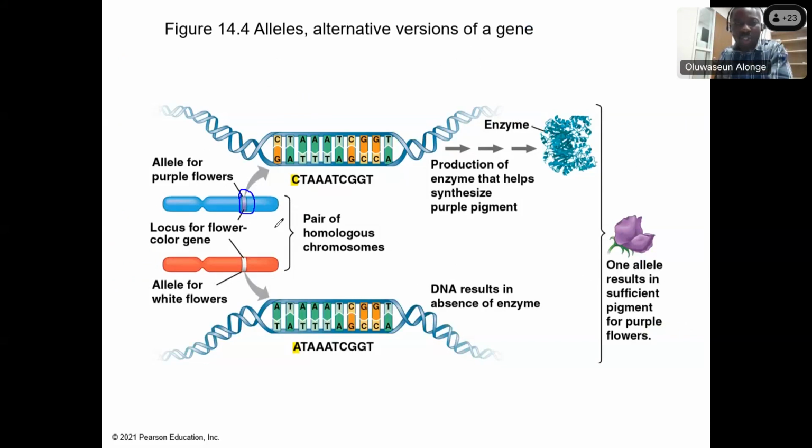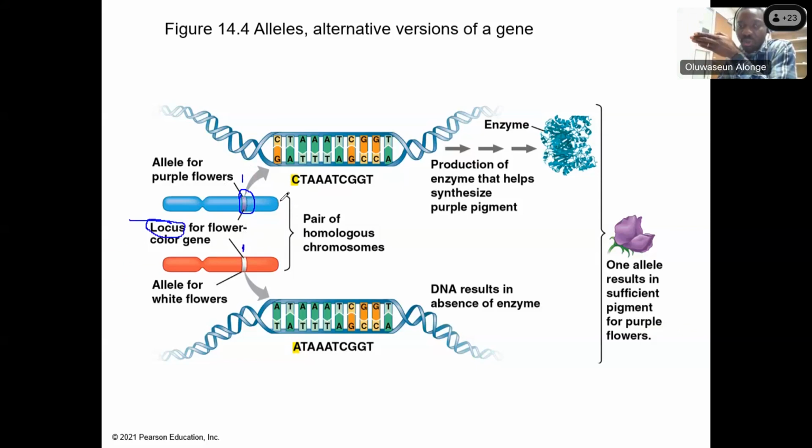Now, the location of the allele on this chromosome is what we call locus. Now, you see, there's another gene here on this same locus, but on a different chromosome. So let's say this locus, we call it number 1. This is also locus 1, but on a different chromosome.